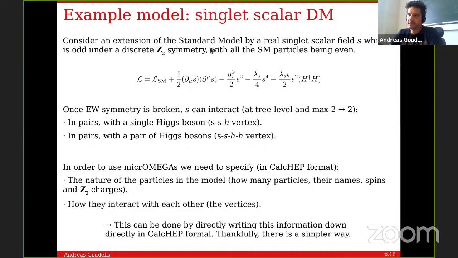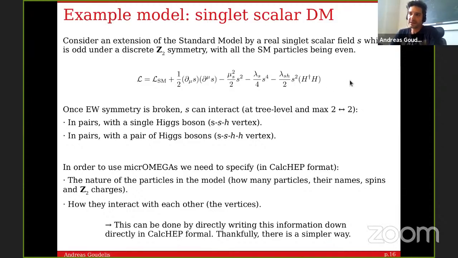Under these restrictions from Z2, the most general Lagrangian you can write down is this one. So you have the standard model Lagrangian, a kinetic term for S, a bare mass term for S, a quartic coupling for S, and what is called a Higgs portal term, which goes like S squared H dagger H.